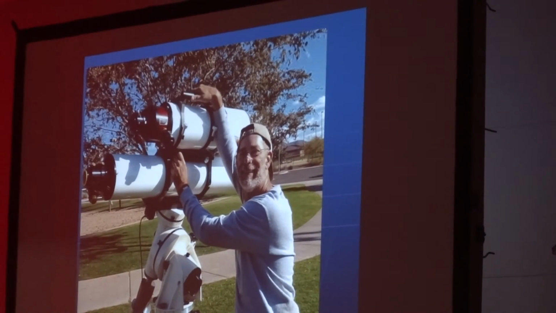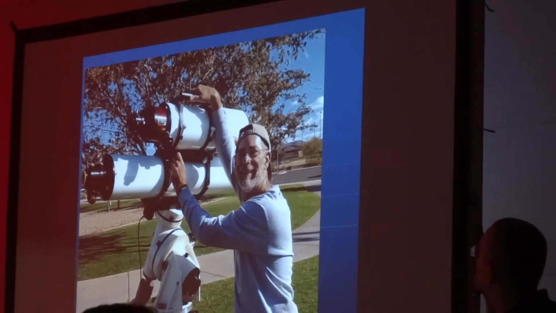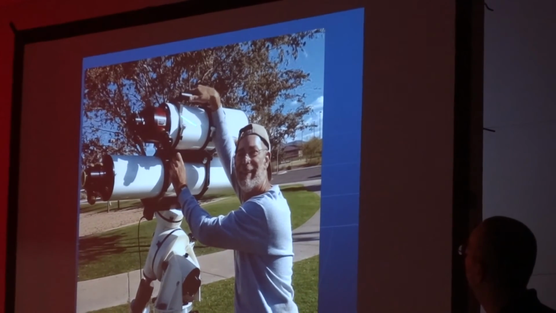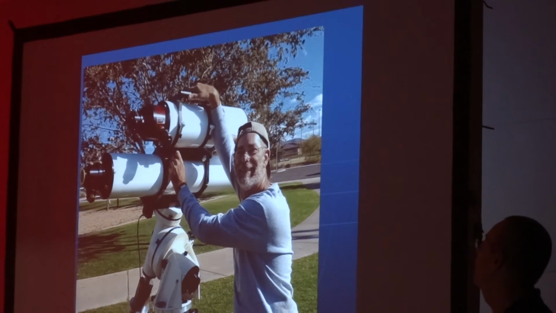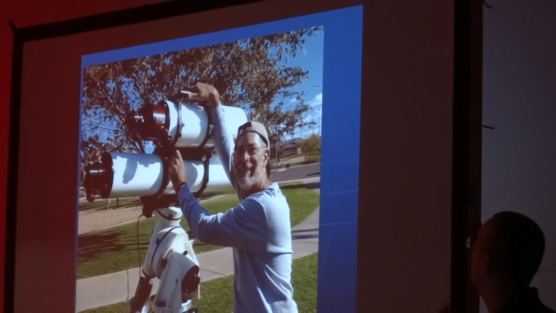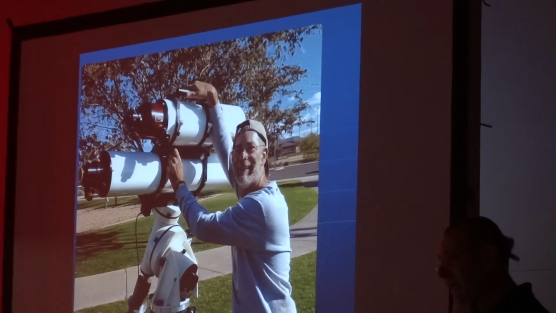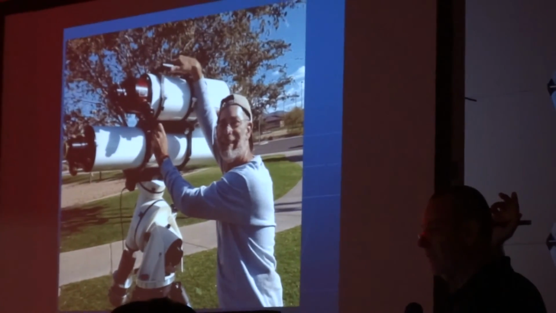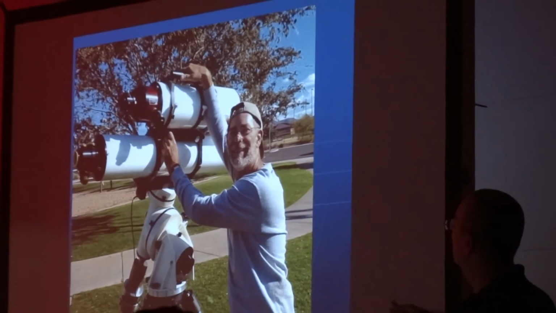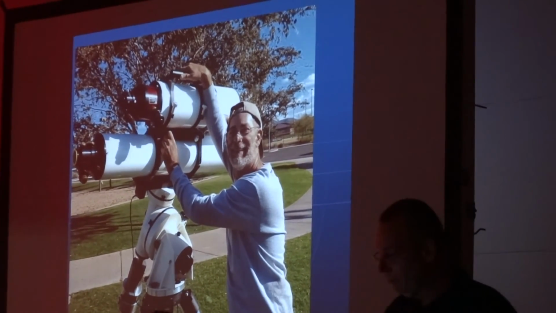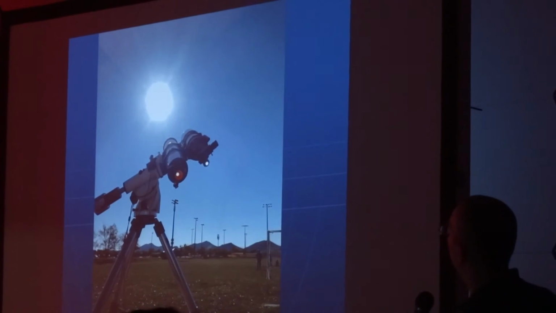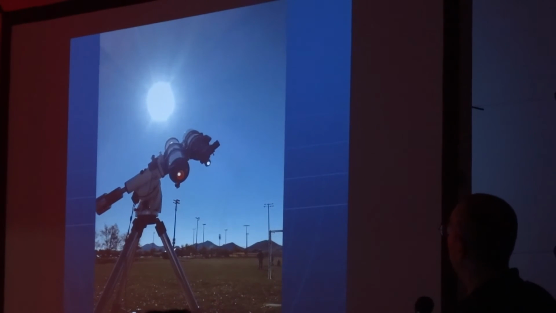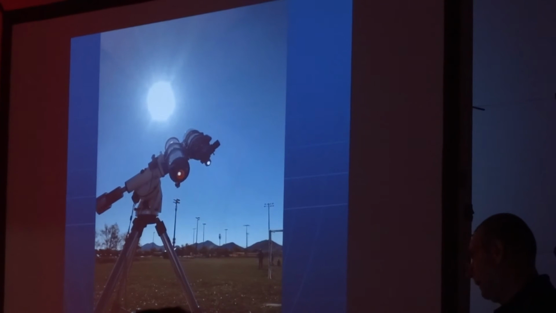I had two different scopes. I got three. I had a 152 here, and this is my 6-inch Astro-Physics that I primarily use now. I sold off my LUNT, and now pretty much all I use is this 6-inch AP and the 228. Here you can see once again getting ready.